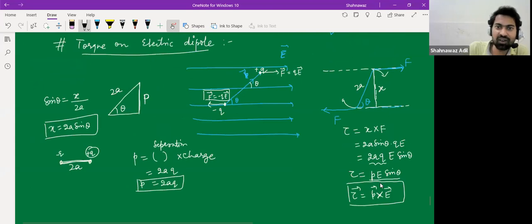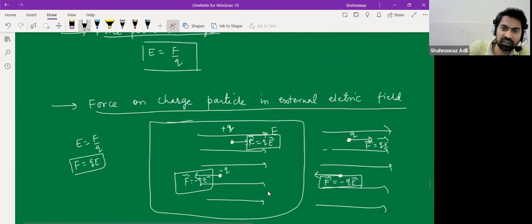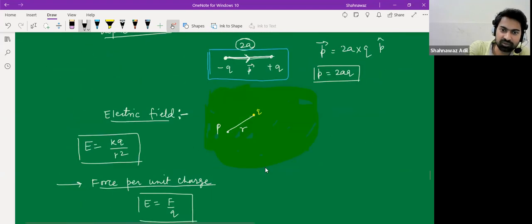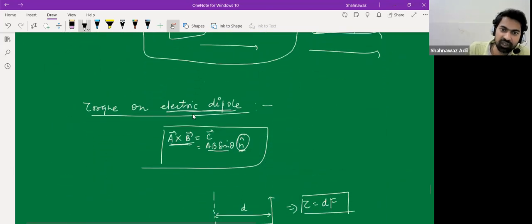We discussed that the magnitude of a cross product is AB sine theta. If somehow this would have been a cos theta, then it would have been a dot product. Okay, yes sir.